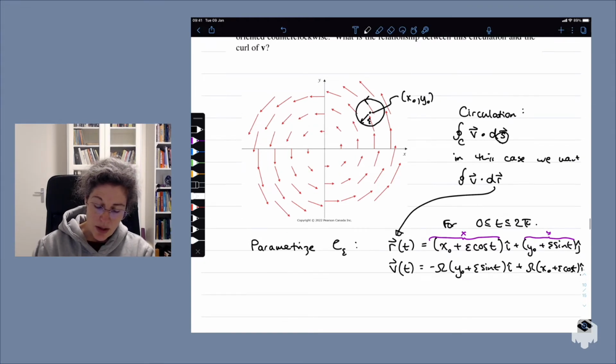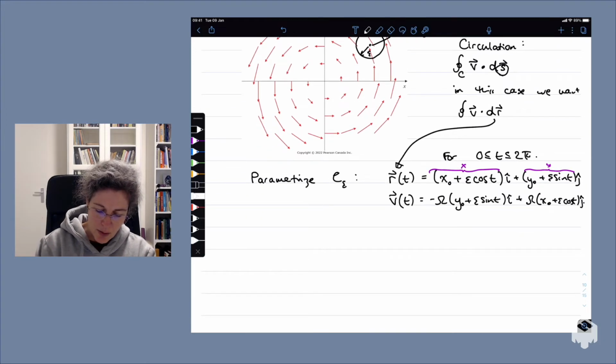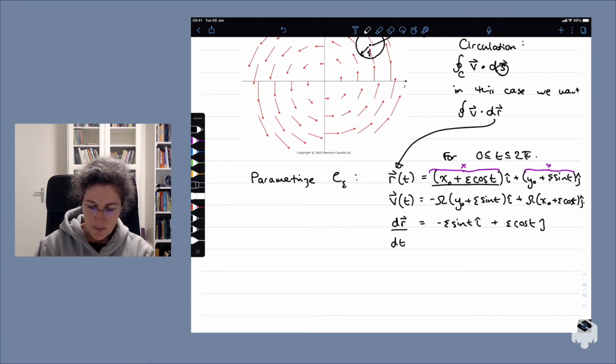So we need our dr, and remember dr by dt is going to be minus epsilon sine of t in the i hat plus epsilon cos t in the j hat. So I've just differentiated this thing with respect to t.